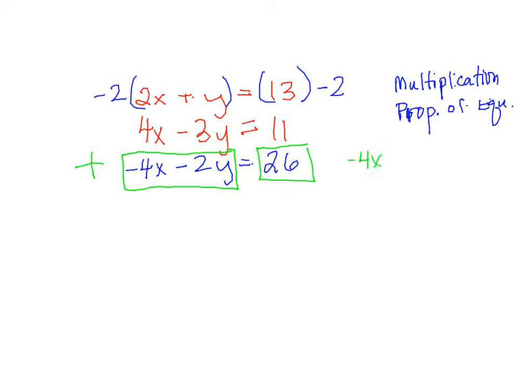Negative 4x minus 2y does equal negative 26. So basically, I am adding the same value to both sides. You can think about it as adding negative 26 to both sides. This is the addition property of equality.